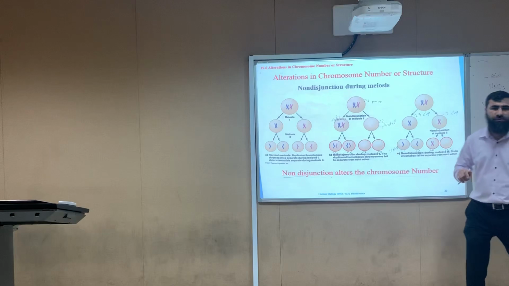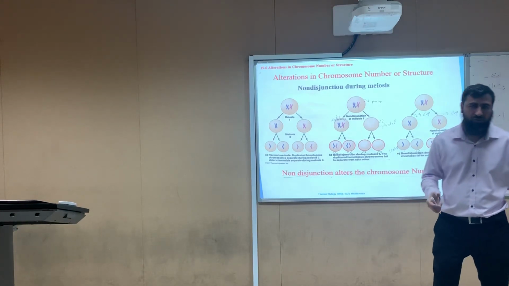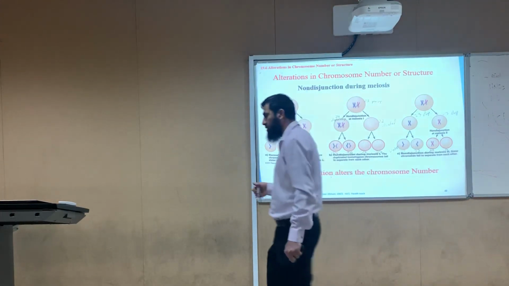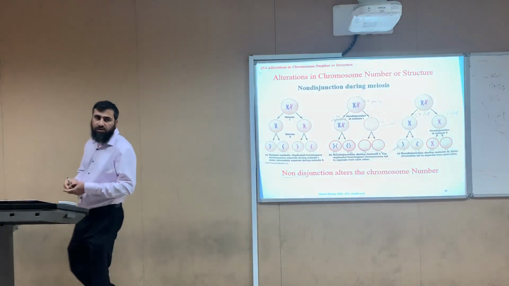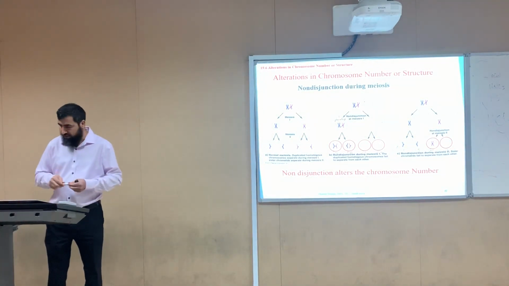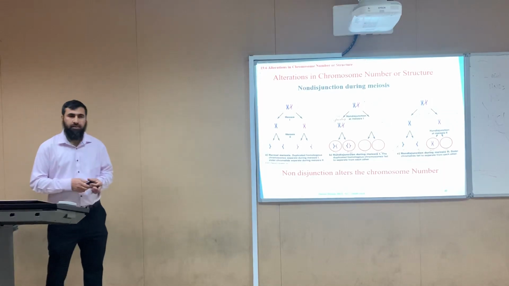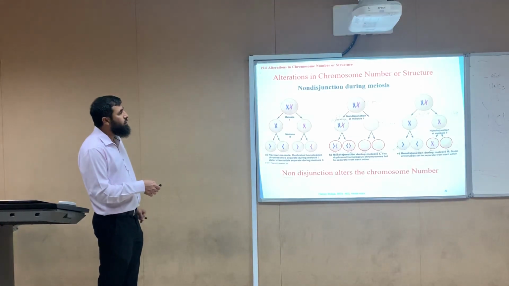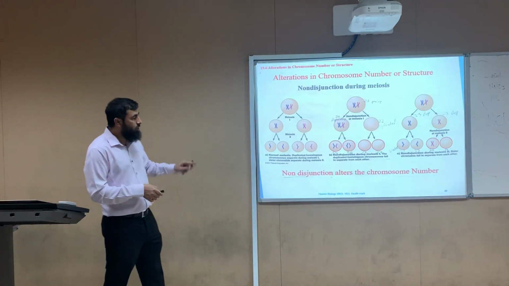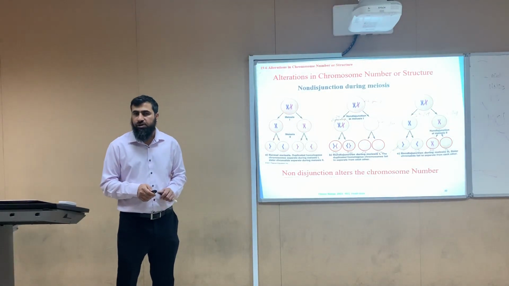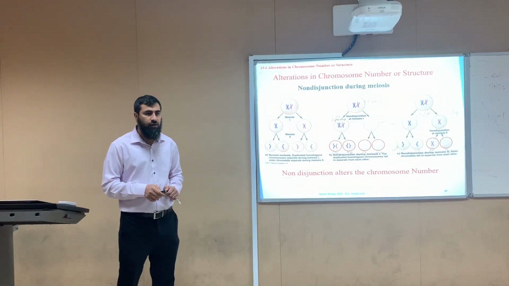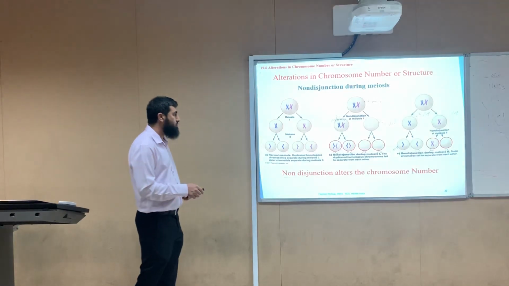And this is important for some of the disorders that we talk about, like Down syndrome, Turner syndrome, Klinefelter syndrome, which have abnormalities in the chromosome number. Is everybody okay with chromosome non-disjunction happening in meiosis 1 and how it happens in meiosis 2?